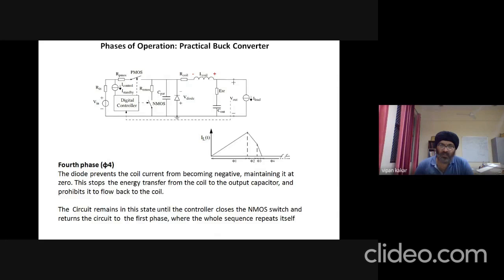Based on the algorithm built inside the controller, it decides for how long the circuit should remain in this state where the inductor current is 0, meaning no current flows in the circuit. And after that stipulated, fixed time, the controller starts the whole sequence again from phase 1. And then the cycle repeats.